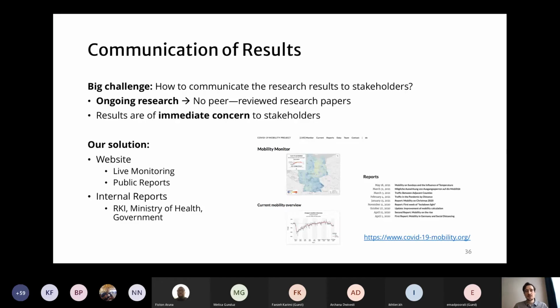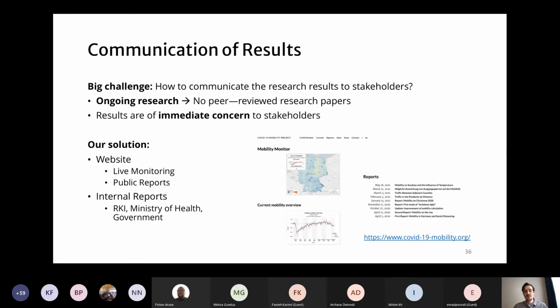One interesting aspect of the whole project that I want to talk about also is how to communicate these results to the relevant stakeholders, which was a big challenge for us initially, because usually we are a research lab, so we spend years researching something and then we write a paper and that gets accepted a year later or something.